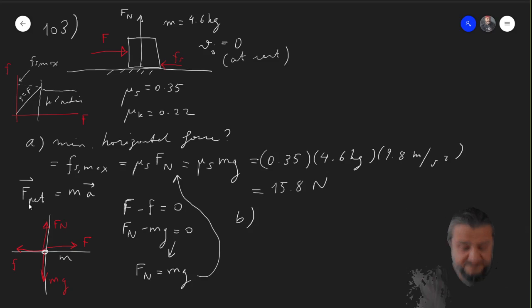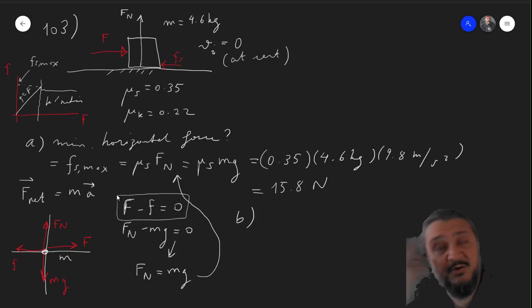Okay, good question. Now, you may think, I already have my equations, and the first equation said F minus F equals 0, so the net force is 0, therefore there is no acceleration.